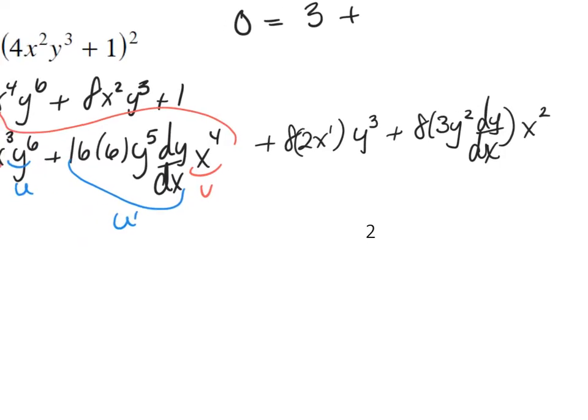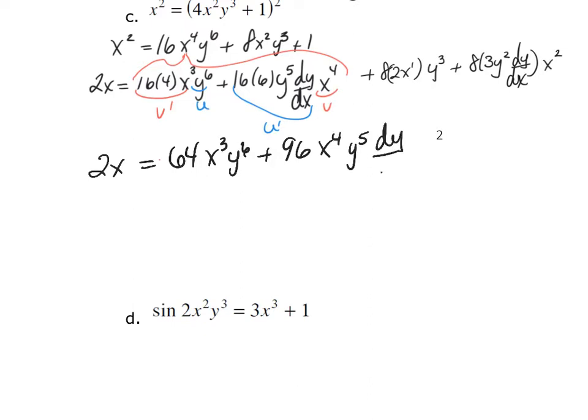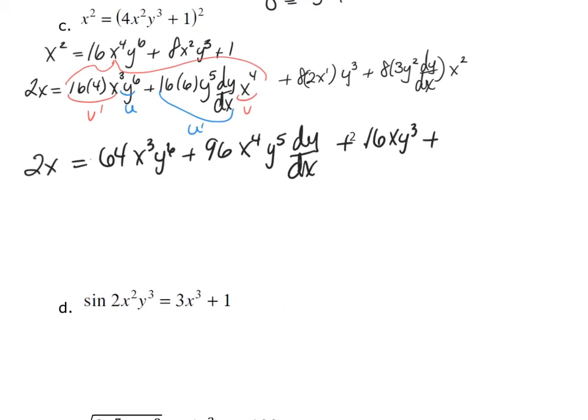So what we have in all of its glory, and this is glorious: 2x is equal to 4 times 16 is 64, x cubed y to the 6th, plus 16 times 6, what is it? 96, thank you. So 96, I'm going to do the x first, x to the 4th, y to the 5th, dy/dx, plus 16xy cubed, plus 24x squared y squared dy/dx.